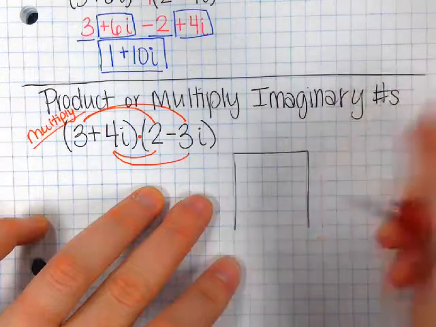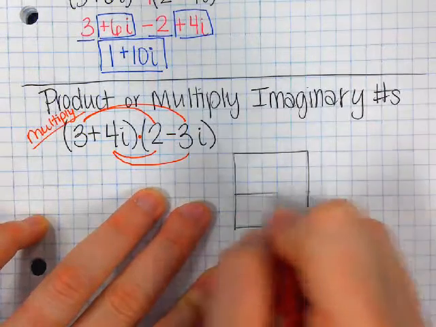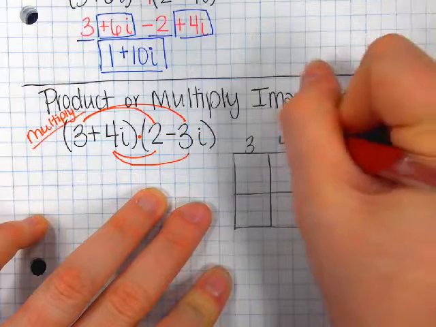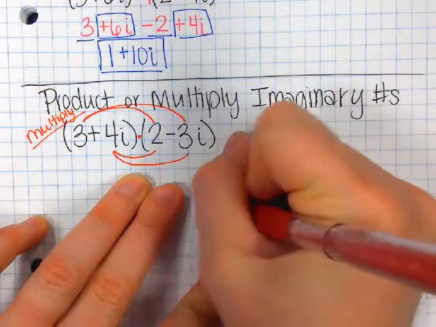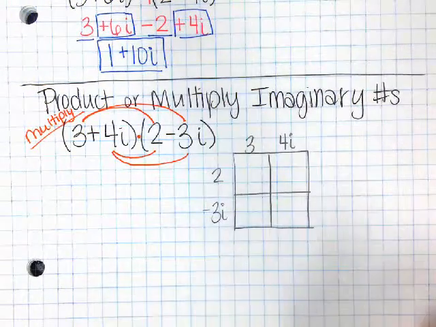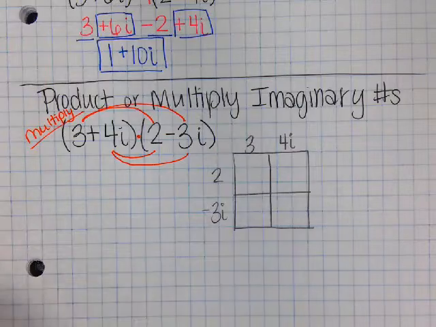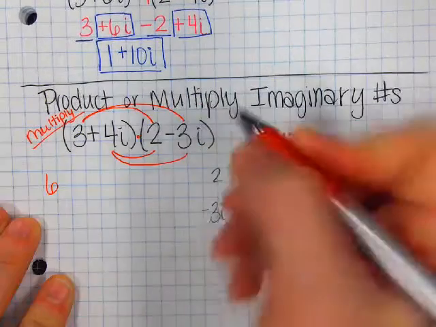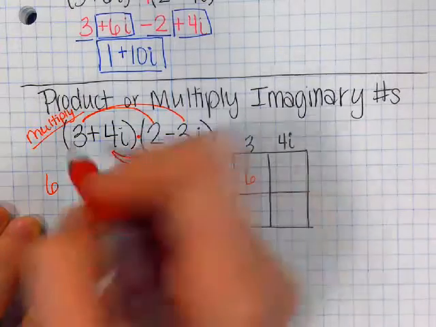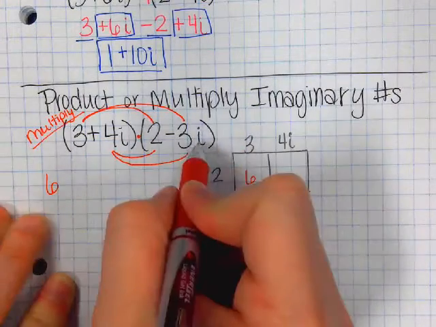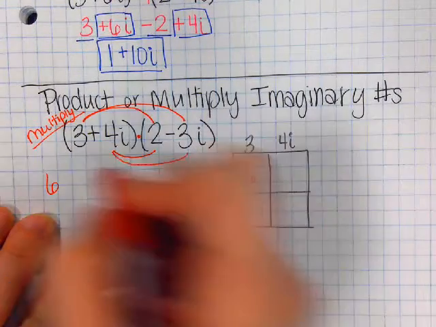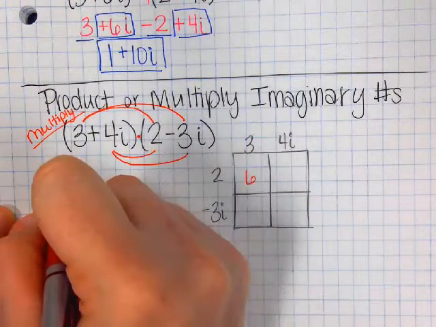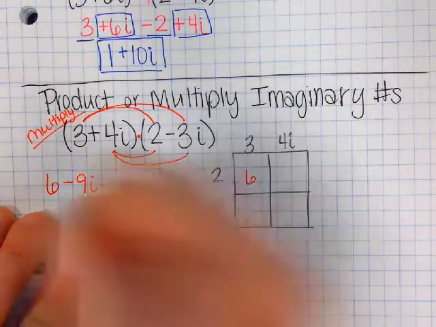If you do it in the box, you would set it up (3 plus 4i) and 2 minus 3i. So 3 times 2 is 6. 3 times negative 3i. 3 times 3 is 9.